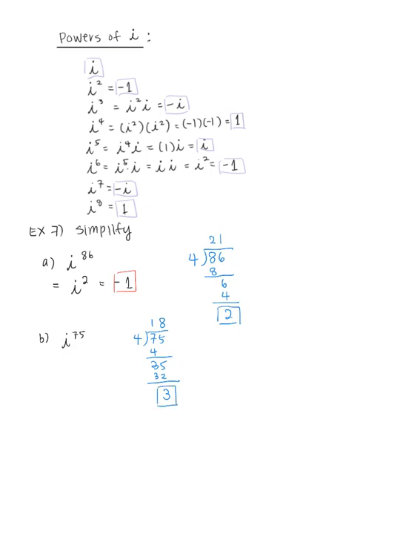The remainder is all we care about. So now we can write i to the 75th power as i to the third. What's i to the third? That's nothing but i squared times i, which gives us -i for the answer.